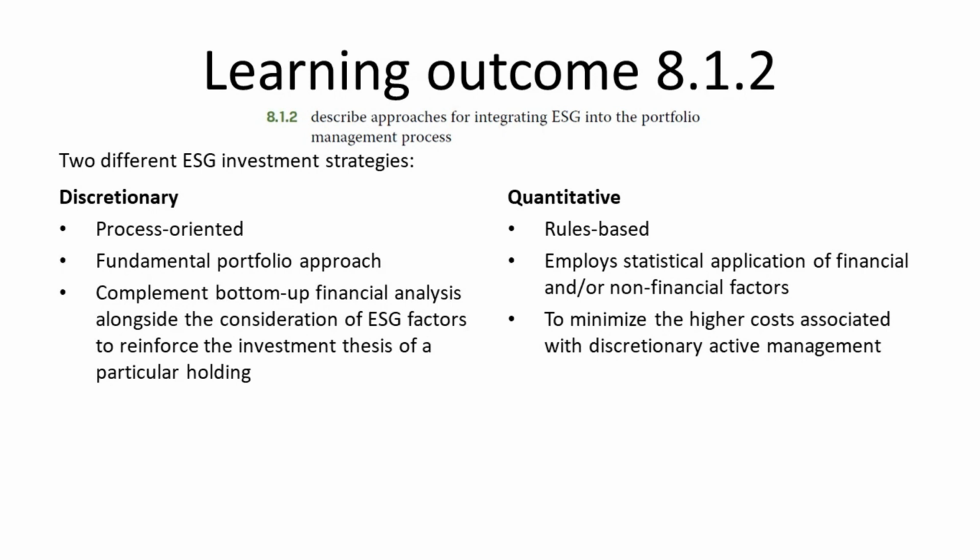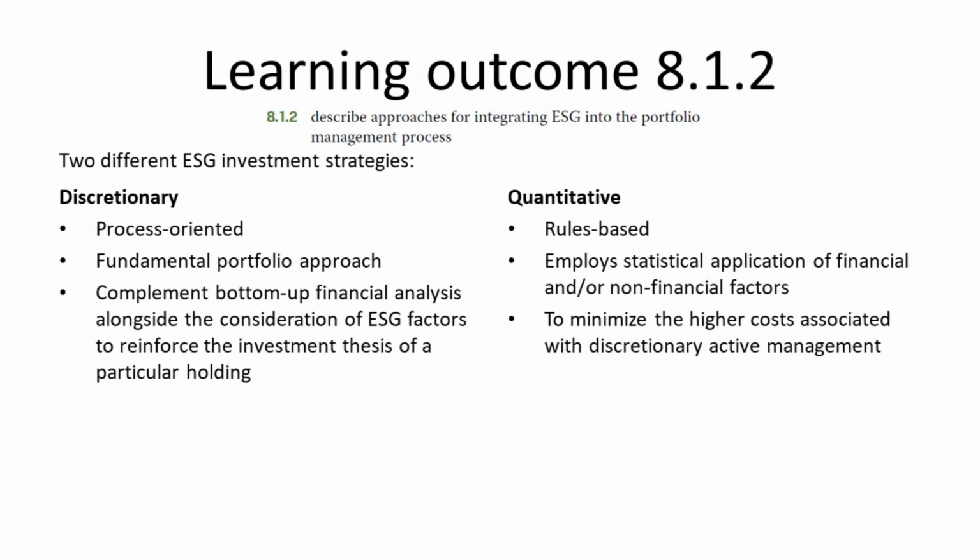Discretionary is pretty much to complement bottom-up financial analysis alongside the consideration of ESG factors to reinforce the investment thesis of a particular holding. So it's process-oriented and a so-called fundamental portfolio approach. The opposite is rules-based, which employs statistical application of financial and non-financial factors to minimize the higher costs associated with discretionary active management.